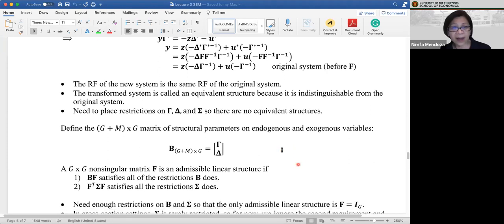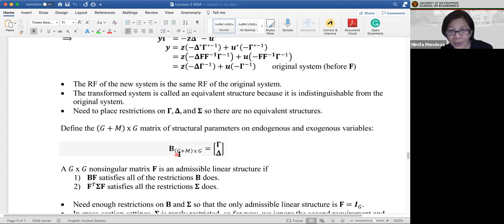Let us define this new matrix B, which is G plus M by G. So this would be the matrix of the coefficients. Gamma would be the coefficients of the endogenous variables. Delta would be the coefficients of the exogenous variables.